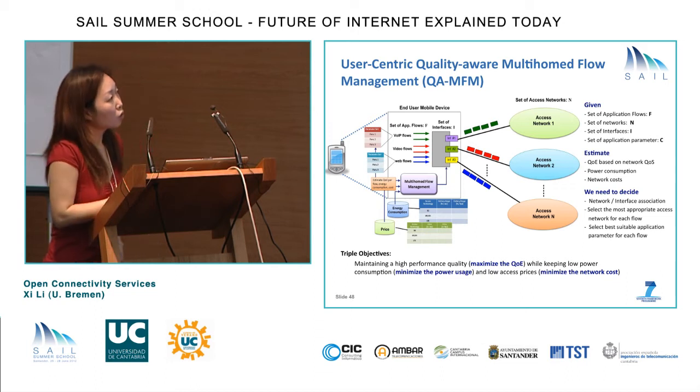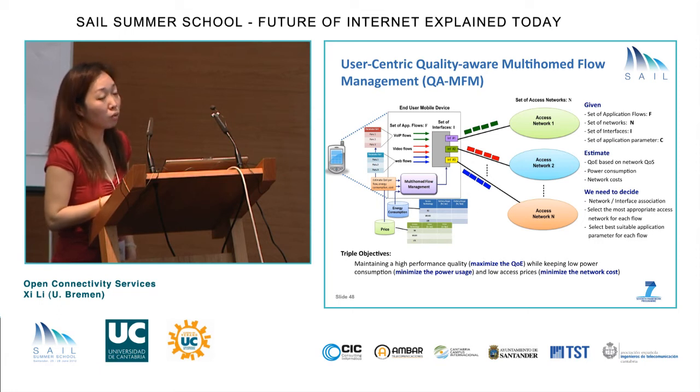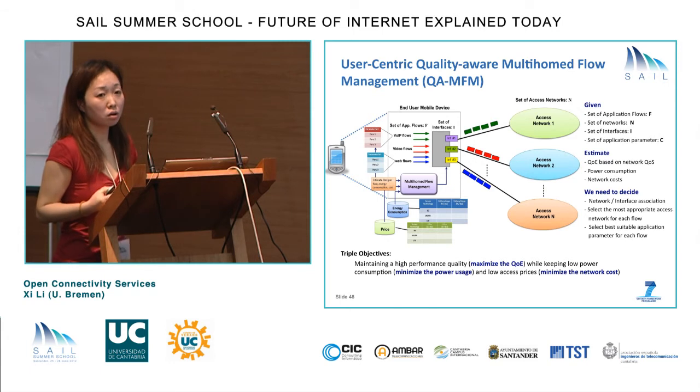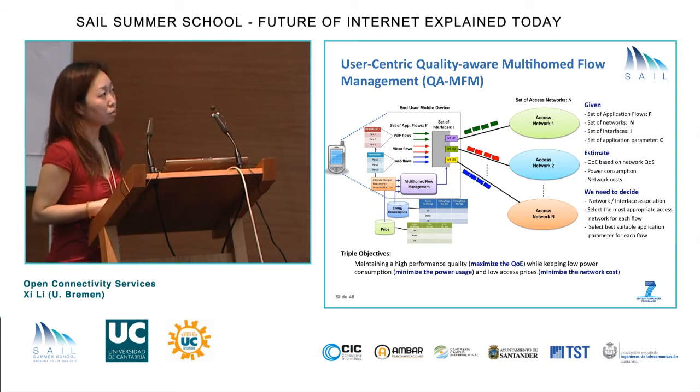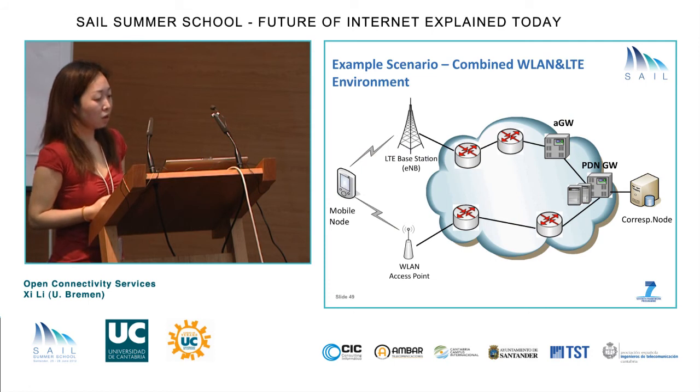To do that, we will also need to estimate, for one application flow using one of the access technologies, what would be the corresponding power consumption and what would be the resulting cost. With this information, we formulate our flow management problem, and we evaluate the flow management in order to achieve these three objectives.